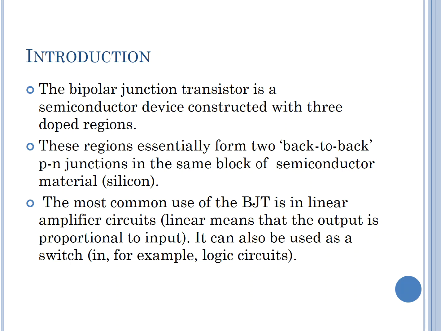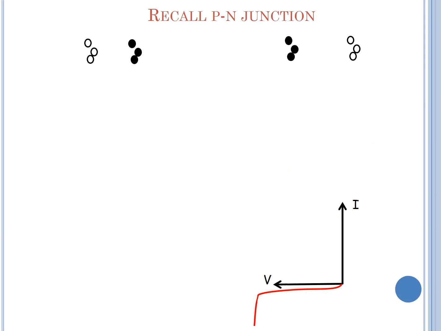The most common use of a bipolar junction transistor is amplification. In analog circuits, it is mostly used as an amplifier, and in digital logic, it can be used as a switch.